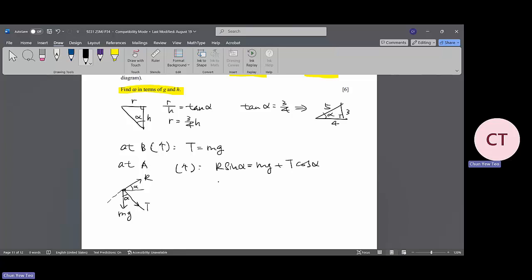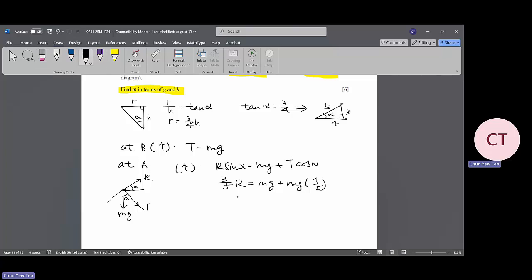Then sine alpha is 3/5, the T is mg, cos alpha is 4/5.